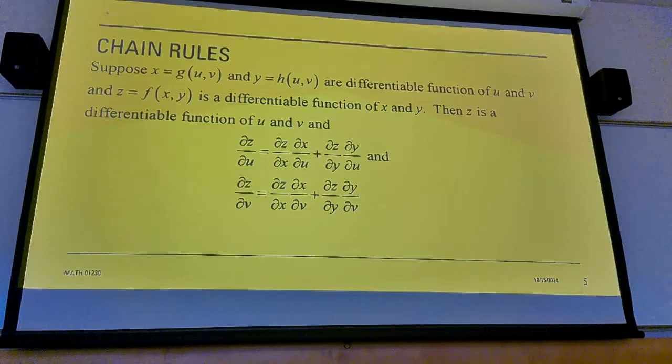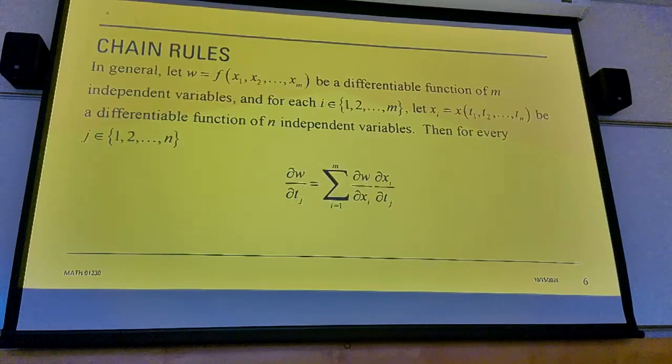Why stop there? Why not make each independent variable a function of three independent variables? Or why not make z a function of three independent variables? So here is the general chain rule.